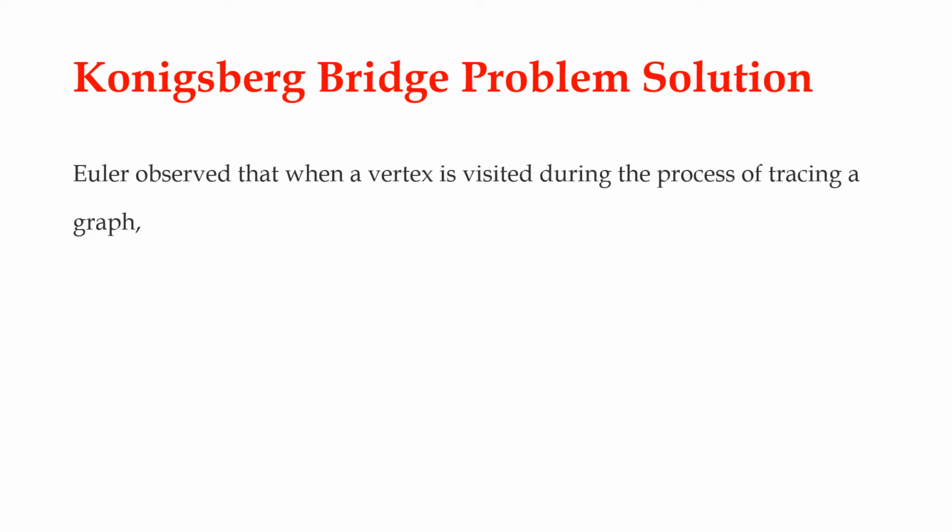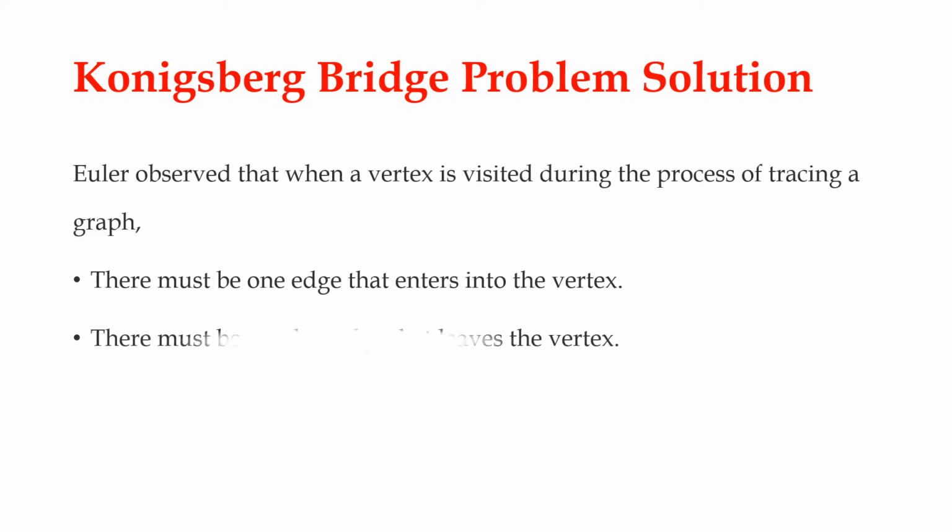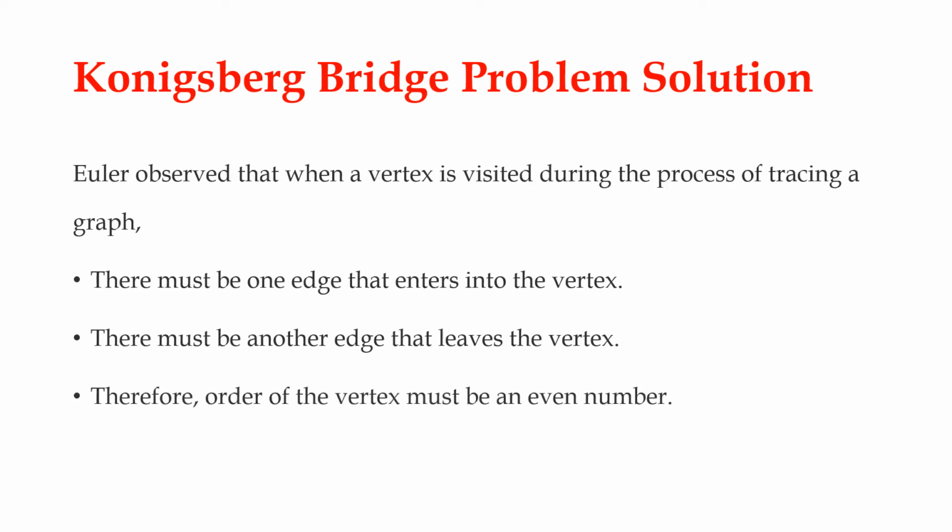Euler observed that when a vertex is visited during the process of tracing a graph, there must be one edge that enters into the vertex and there must be another edge that leaves the vertex. Therefore, the order of the vertex must be an even number.